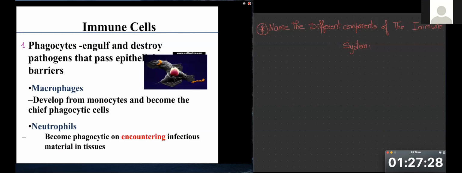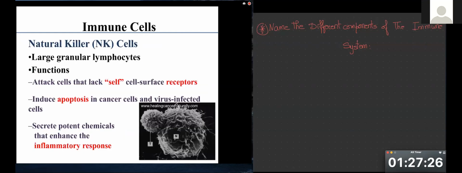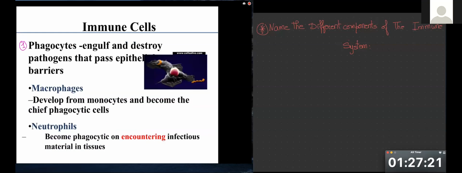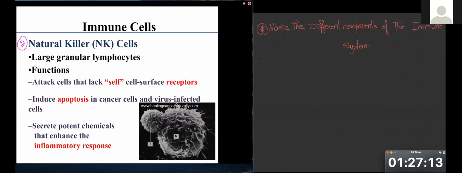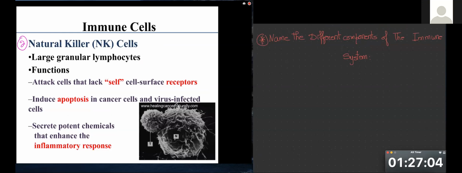Those were the phagocytes and the natural killer cells. If you remember, phagocytes are like my macrophages and my neutrophils. And the natural killer cells, those are a type of lymphocytes that still are part of the innate immunity.